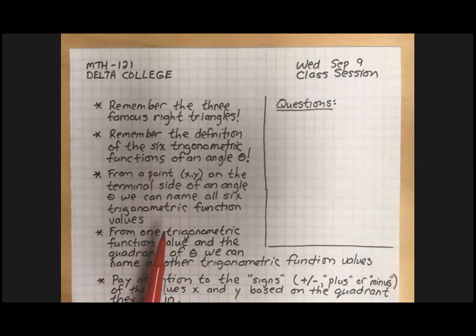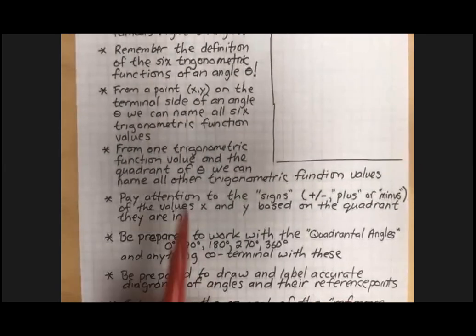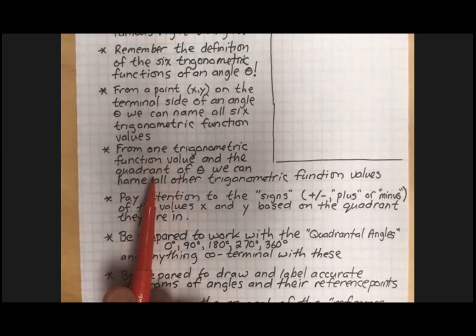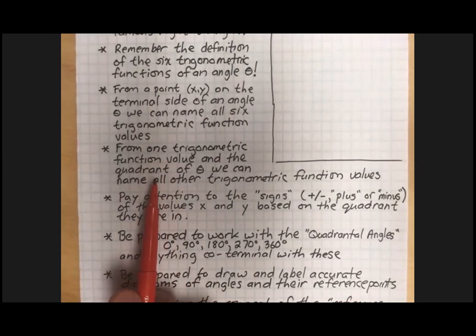You might have to do a little calculation or arithmetic, but all you need is an angle and a point on the terminal side of that angle. Even from one trigonometric function, you can name all the other 5 if you know what quadrant your angle is in.